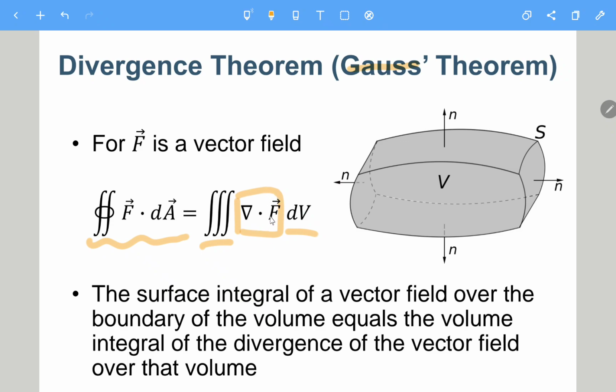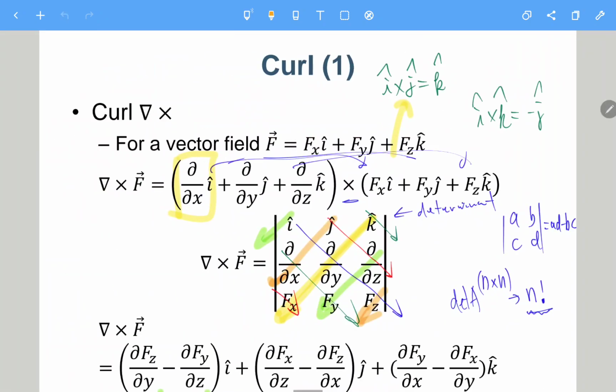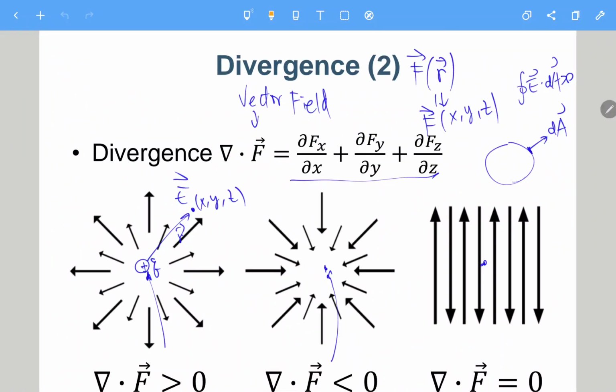For the divergence, this is a vector field. The divergence operator will change this vector field into a scalar field. We don't see any vector sign there, so it turns out to be a scalar field.